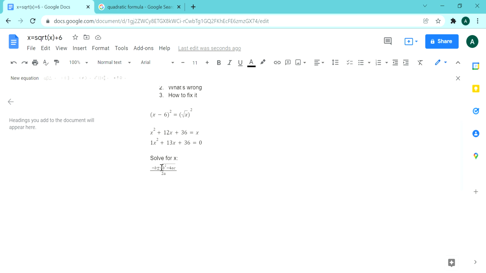So if we plug in the values, b is 13 squared, minus 4 times a, which is 1, so just 4, times c, which is 36, over 2a, which in this case is just 2.